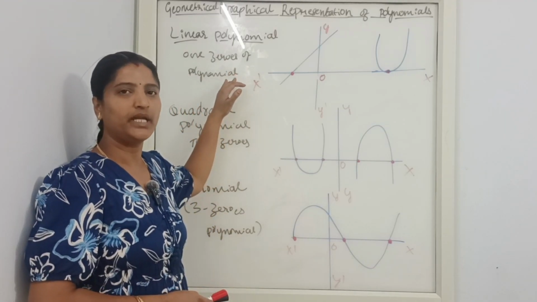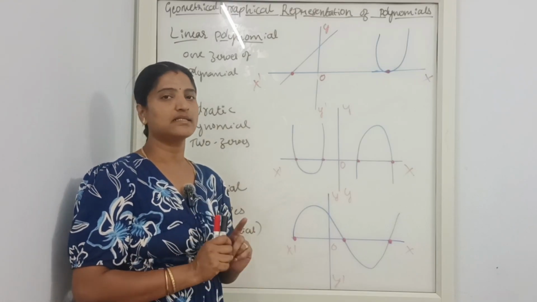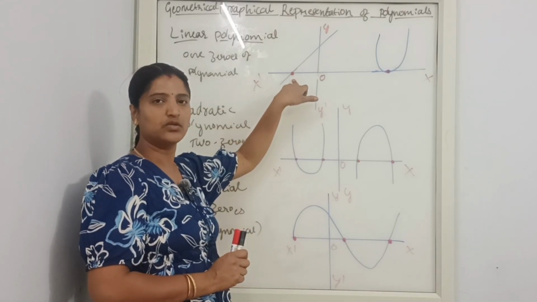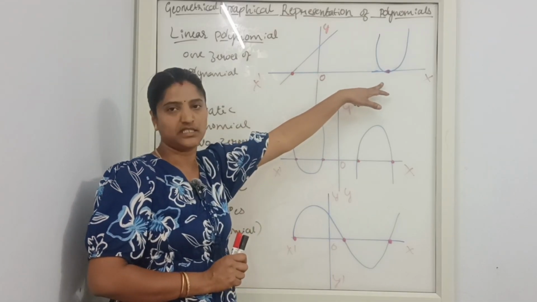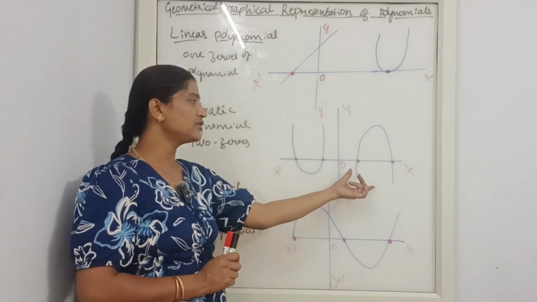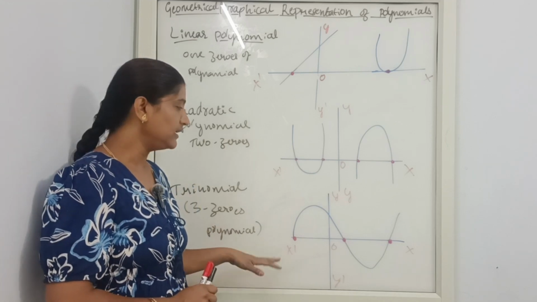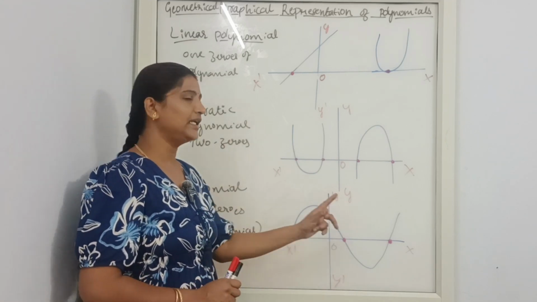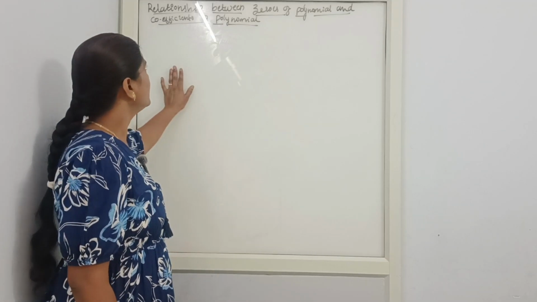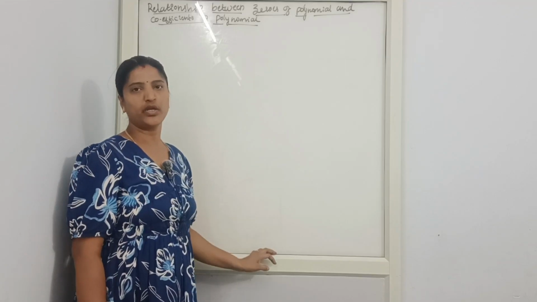Linear polynomial means one point crosses over the x axis, or it can touch it. Quadratic polynomial, 2 points can cross over the x axis. Cubic, as it indicates, 3 points on the x axis. Clear? Let's see the relationship between the zeros of the polynomial and the coefficients of the polynomial.